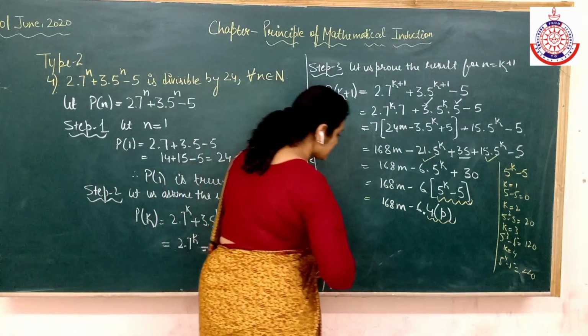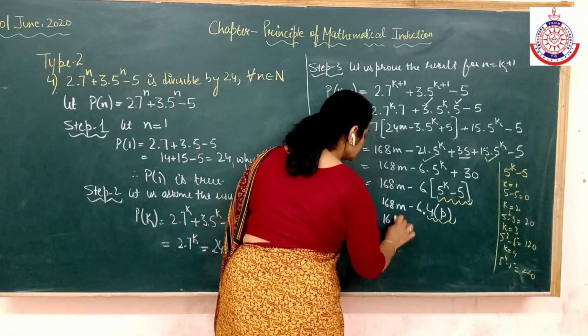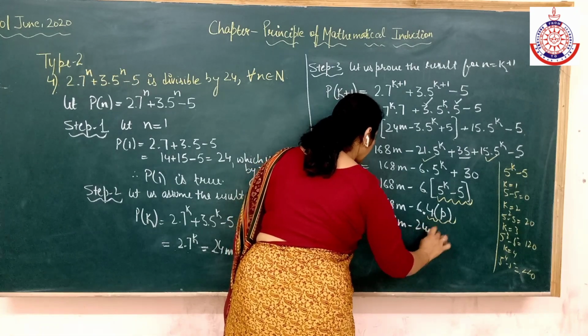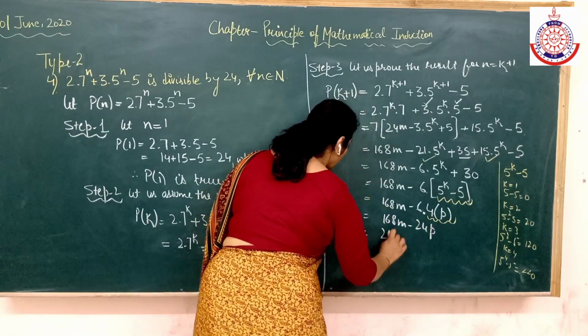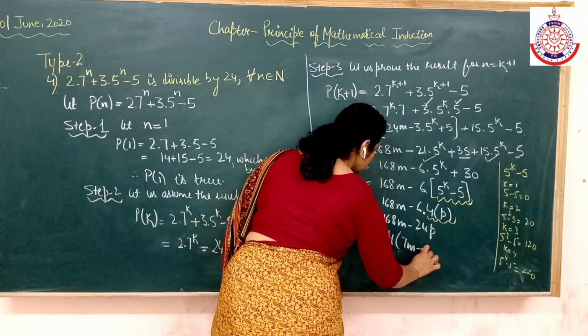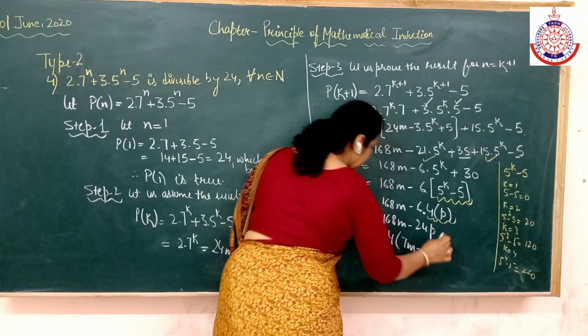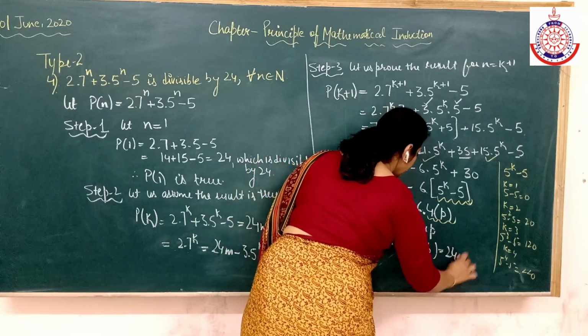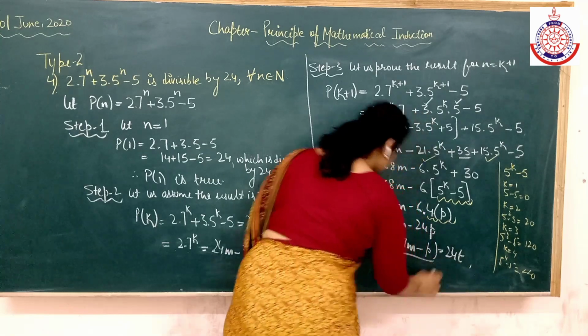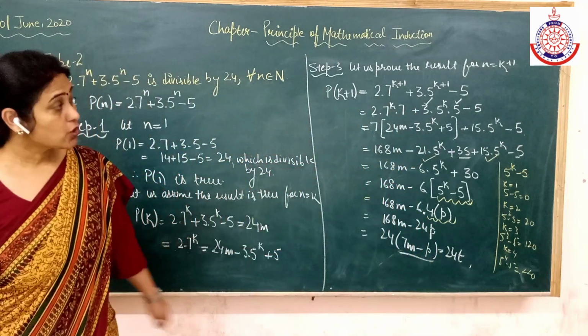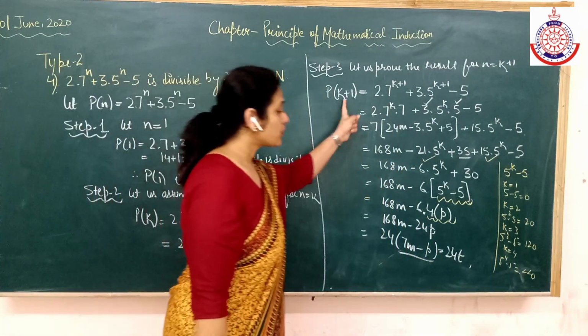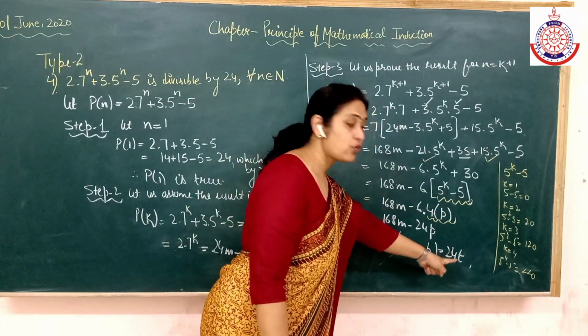Now what do I get? Can I take 24 common now? And I can name it as 24 into t, where t is this. So that's it. What did I get? p(k+1) is 24 into something.